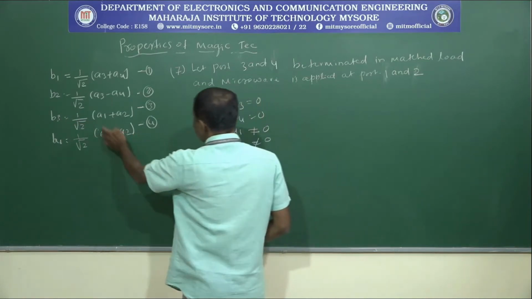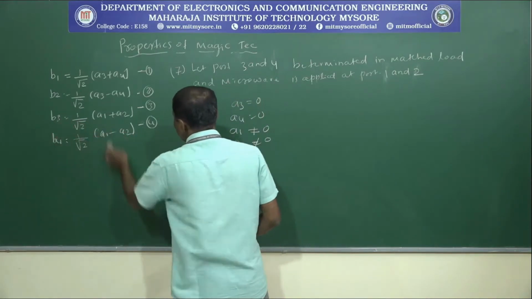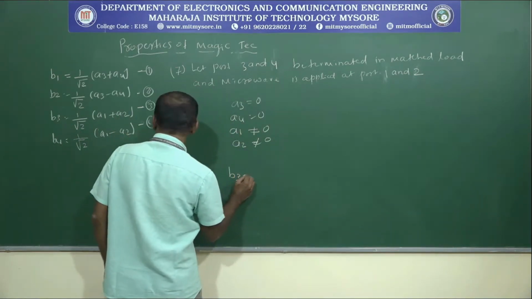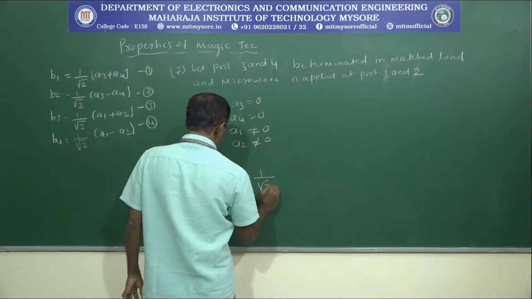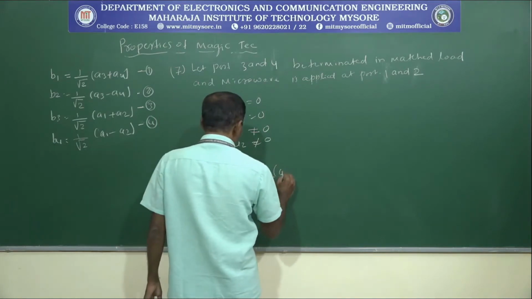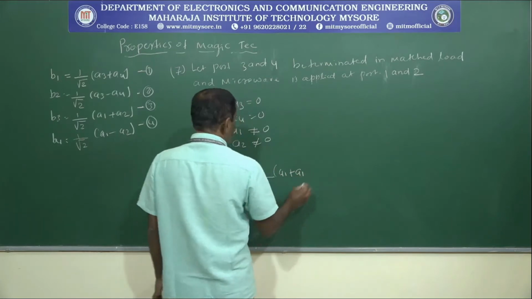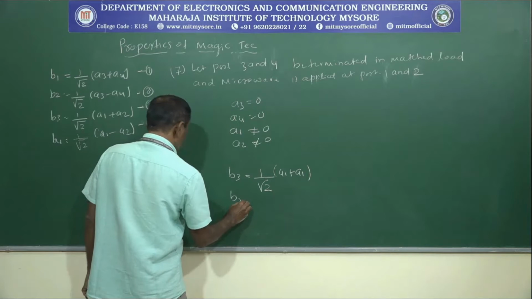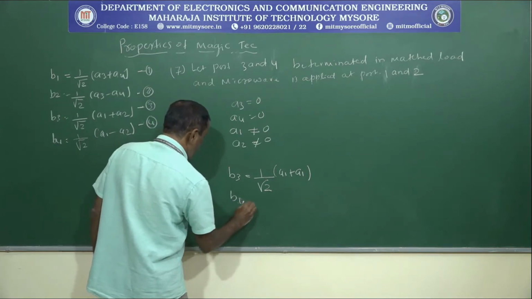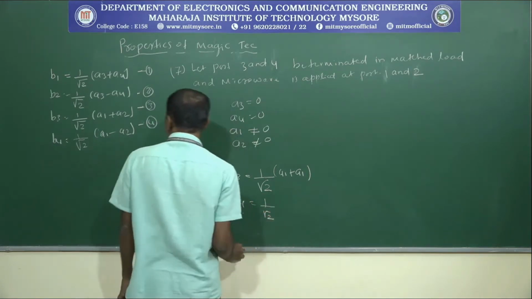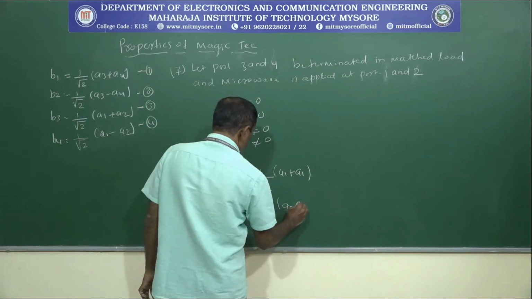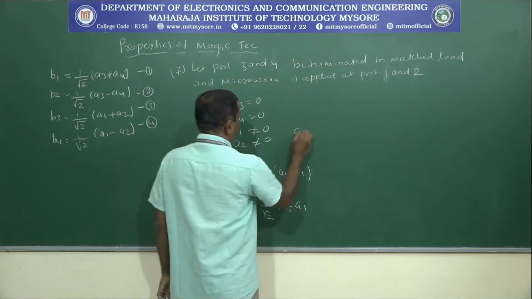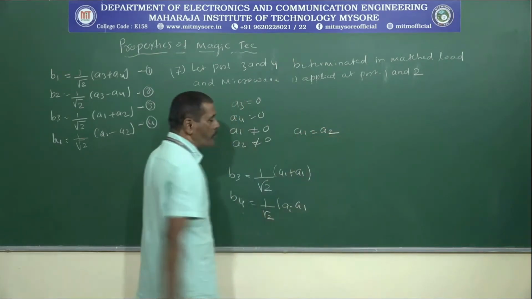Substitute the A1 and A2 values in B3 and B4. Then my B3 is equal to 1 by root 2 times A1 plus A1, because both the values are equal, you can write it as A1 plus A1 or A2 plus A2. Then B4 equal to 1 by root 2 times A1 minus A1 or A2 minus A1, because both the values are the same, so that you can write it as A1 equal to A2.